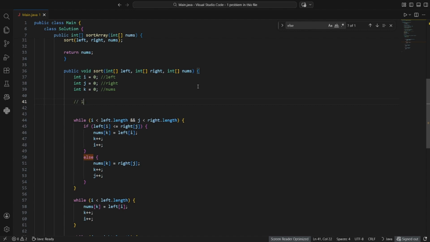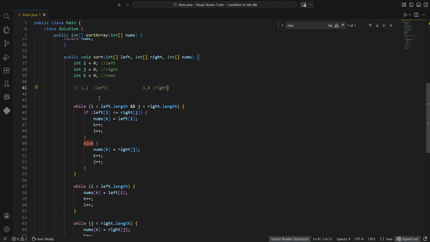So a visual representation is something looking like this. Basically, we have 1, 2, and we have 3, 4. So this is the left part, and this is going to be the right part. And I, J, they're going to be smaller.